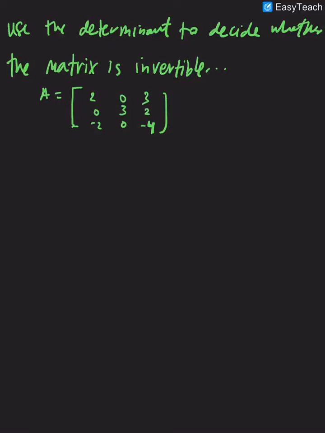Okay, so let's start by taking the A matrix and performing some operations on it to make it more manageable. So we have 2, 0, negative 2, 0, 3, 0, 3, 2, 4. Alright, so the first operation that we could do is basically remove this negative 2.